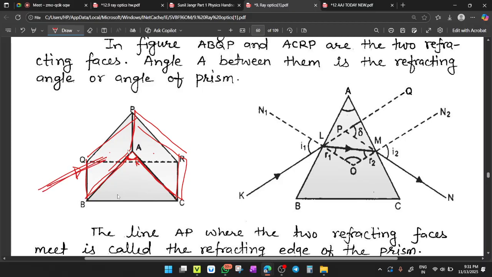This is called the incident ray, and after refraction and dispersion, the seven rays come out from the other face. Then you will have a band of light. This band of light is called the spectrum. Got it?